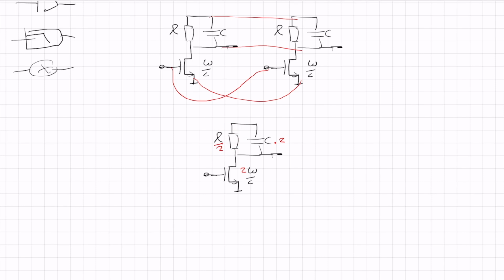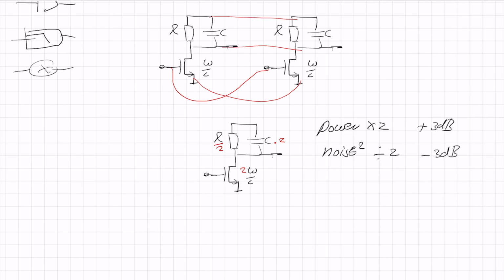And what this circuit does, it burns 2 times the power because I've basically put 2 in parallel. So I have my power dissipation times 2, and my noise power is in fact divided by 2. So minus 3 dB, and this is plus 3 dB.